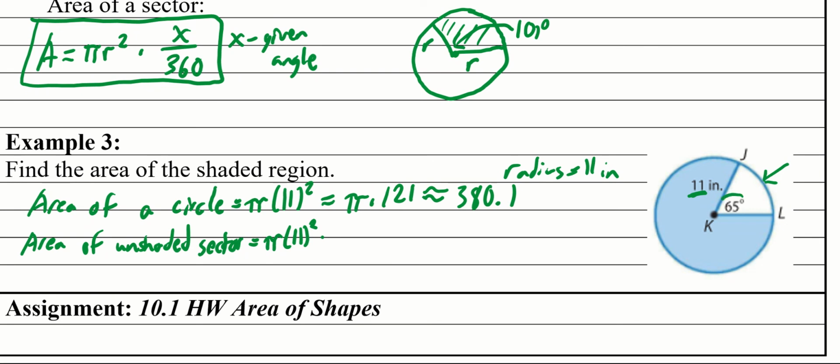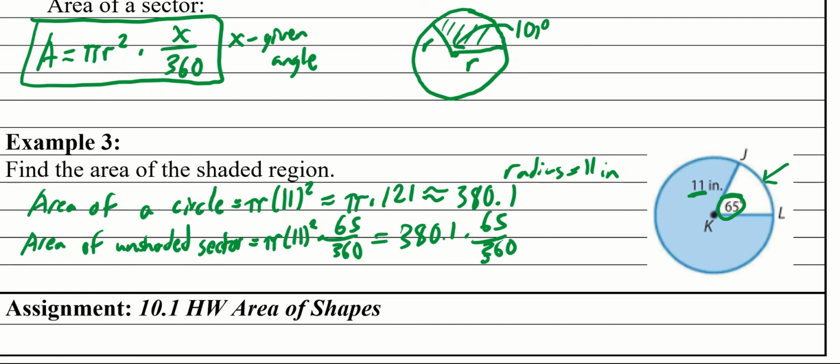In this case, x, or our angle that we're given, is 65. So I'm going to take whatever I found here and multiply that by 65 over 360. And the good news is we already know what the first part of this equation comes out to be. We just found it. It's just going to equal 380.1 and then times 65 over 360. You can round off that decimal now.